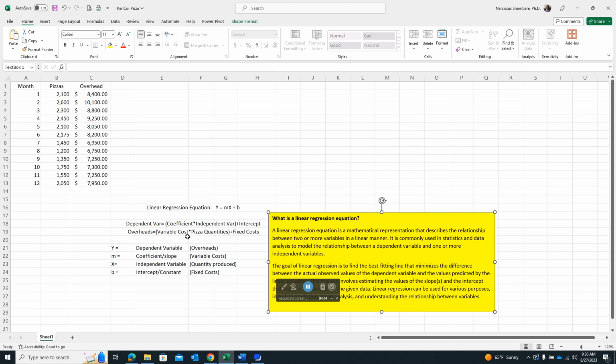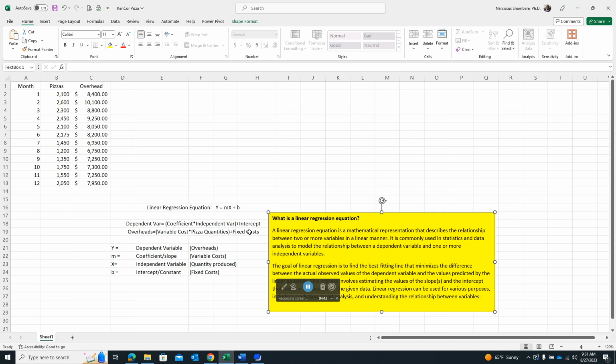Okay, and the variable cost per unit, which means that cost that's actually added for every additional quantity of pizza we actually produce. That is actually added to the overall overheads, and then of course to that we add the fixed costs.